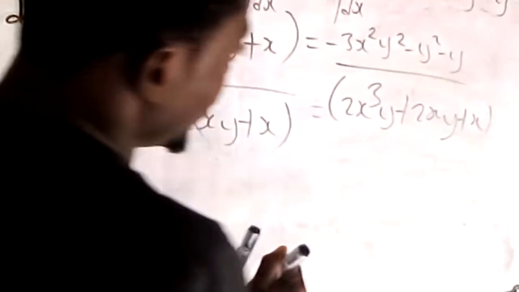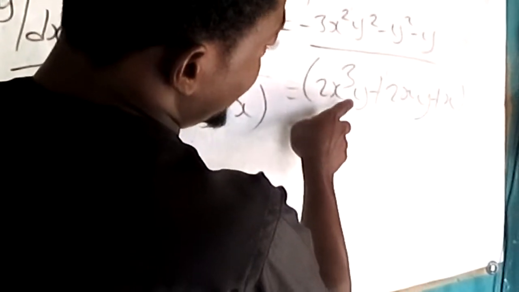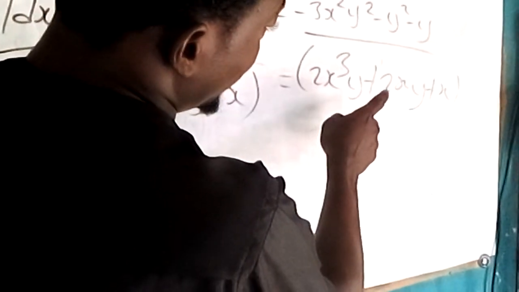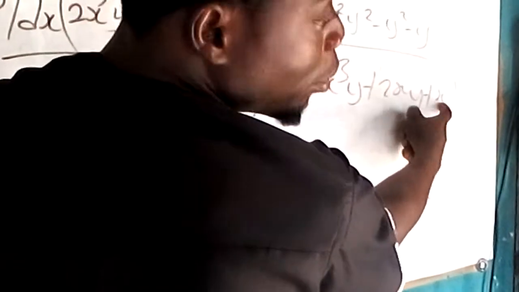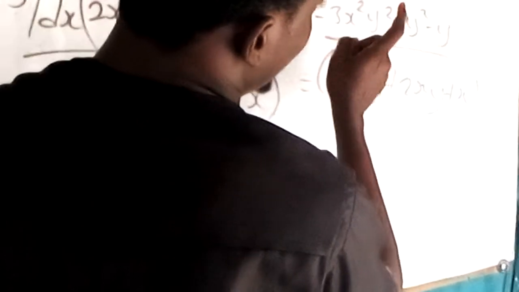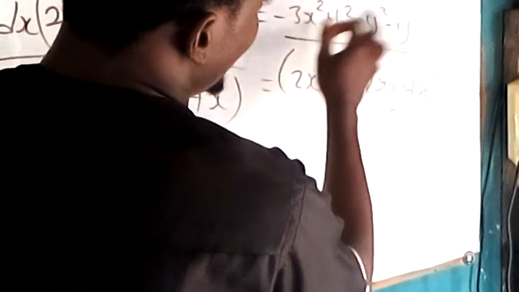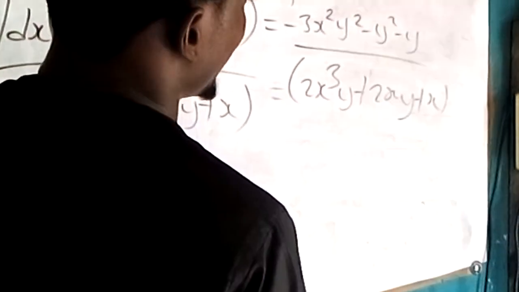Now if you look very well, you have x common there. You have x common, x squared y. So what will happen is this.